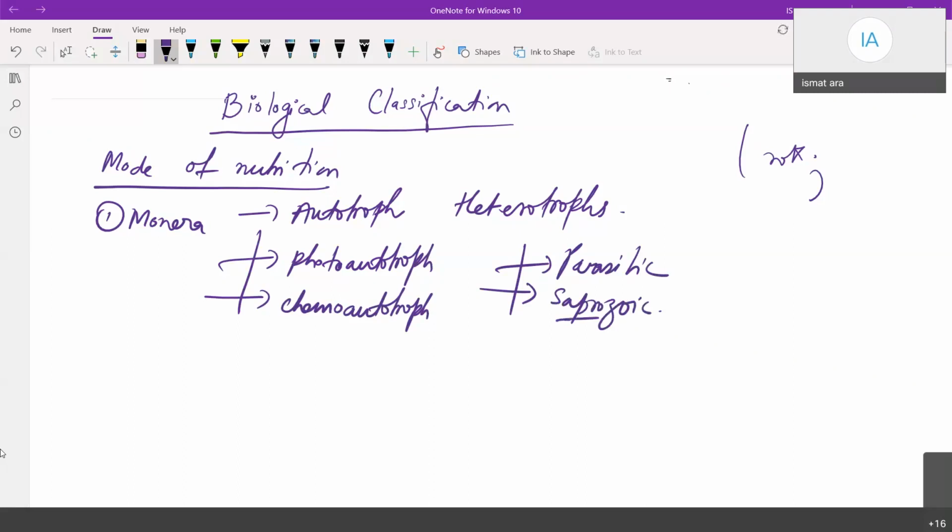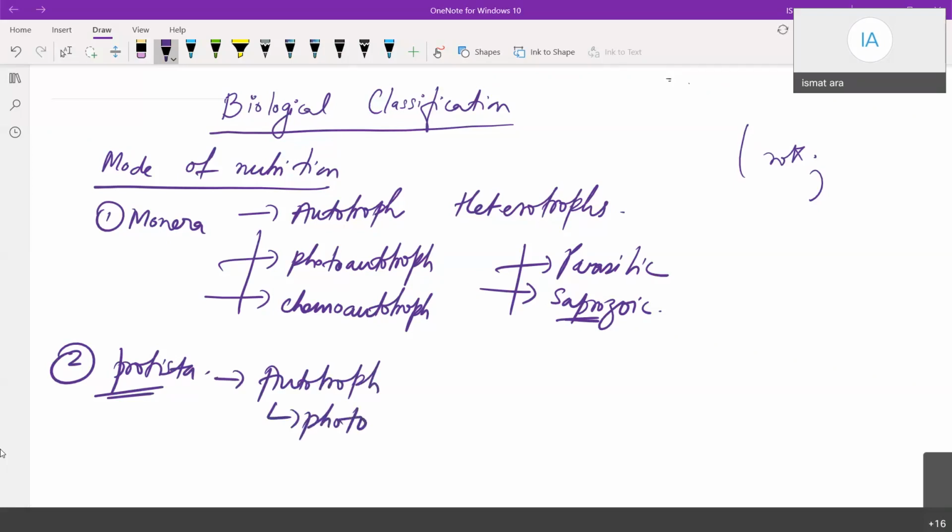Saprozoic means those living on dead and decaying organisms. For Protista, they are autotrophs, but only photoautotrophs, not chemoautotrophs. Heterotrophs: same, parasitic and saprozoic. For fungi, autotrophs are absent, only heterotrophs. Clear with these three kingdoms?